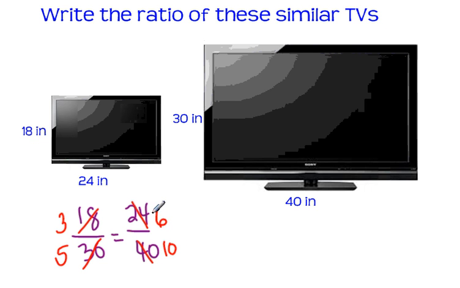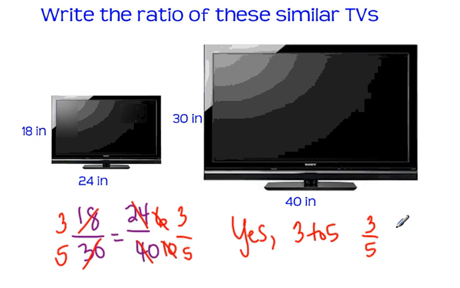I can divide both of these by 2, which will be 3 over 5. Oh, I can see that yes, these are similar. And the question here, what is the ratio? The ratio is 3 to 5, or we could write it like this. The ratio is 3 to 5.